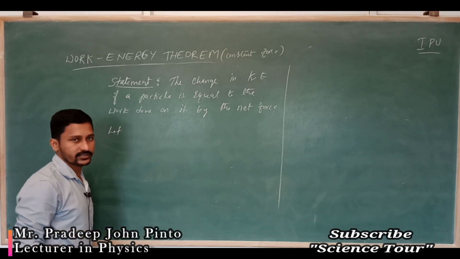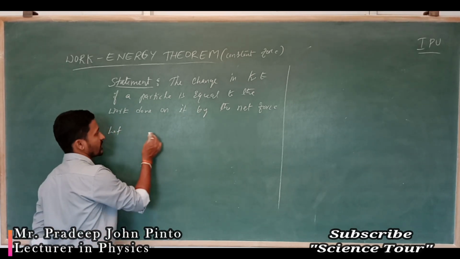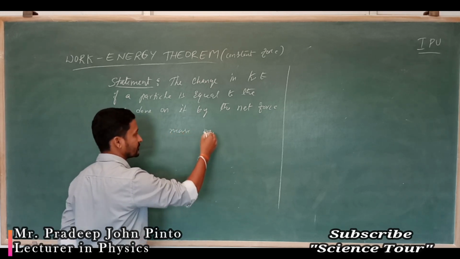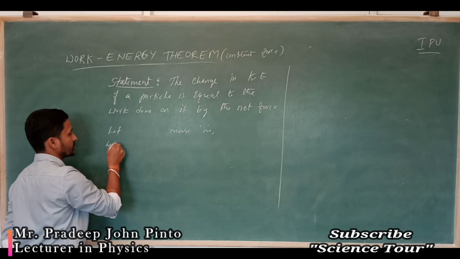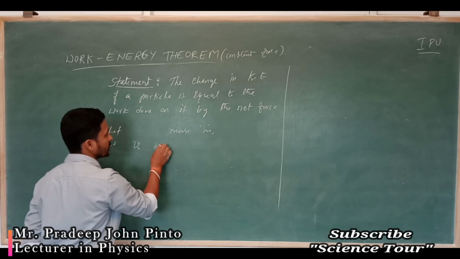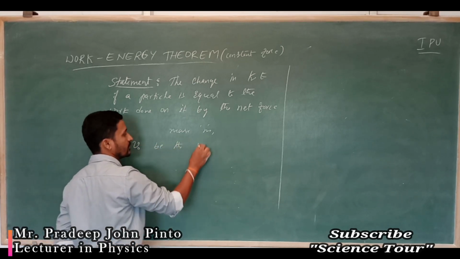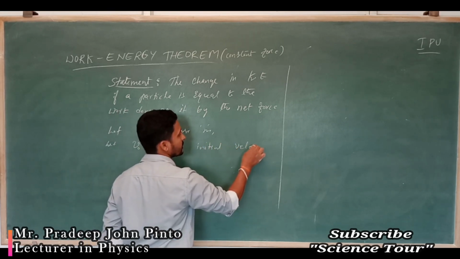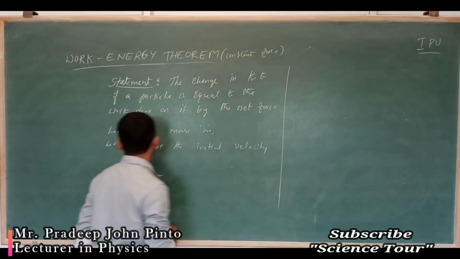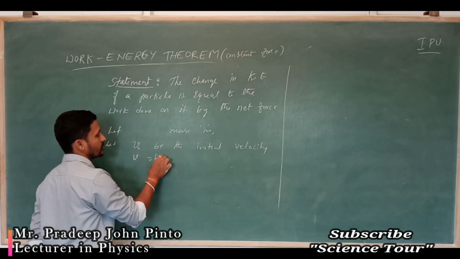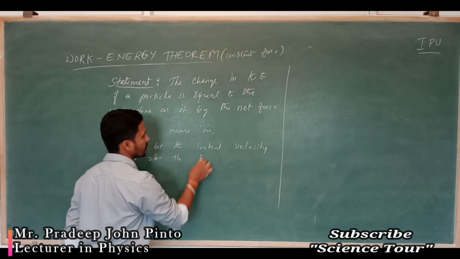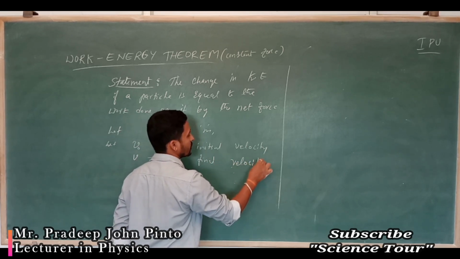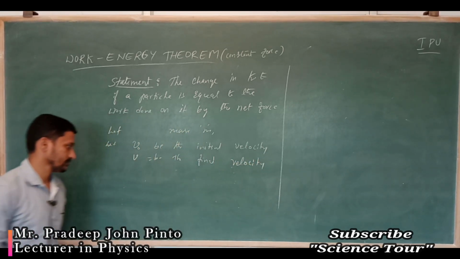Consider an object having mass m. You have to write this down. Let V naught be the initial velocity and V be the final velocity.